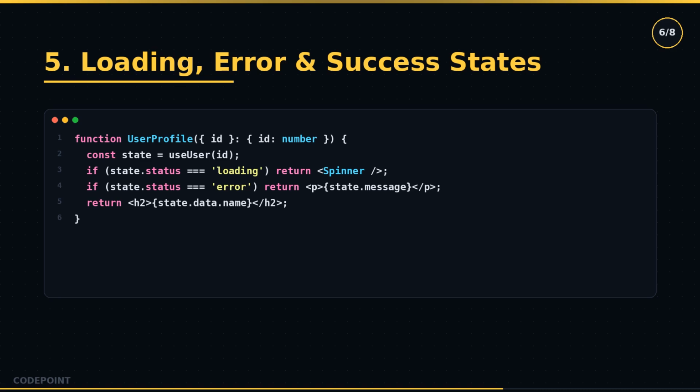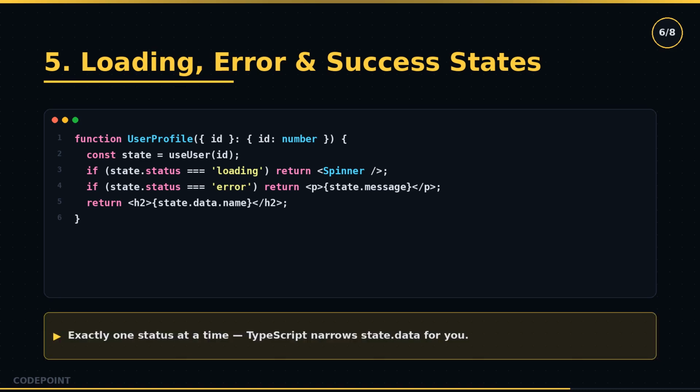And this is where it gets really nice in your component. Step 3, rendering it. TypeScript narrows automatically. function UserProfile, id number. const state equals useUser(id). If state.status is loading, return spinner. If state.status equals error, return p with the message. Note, here TypeScript knows state.status is success, so state.data exists.